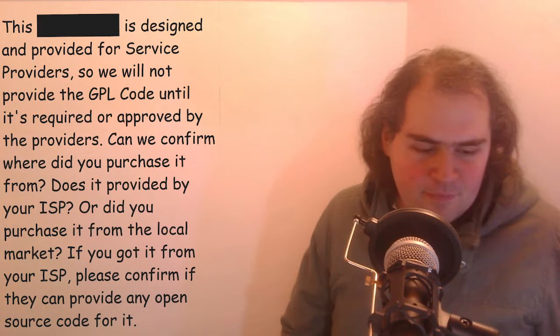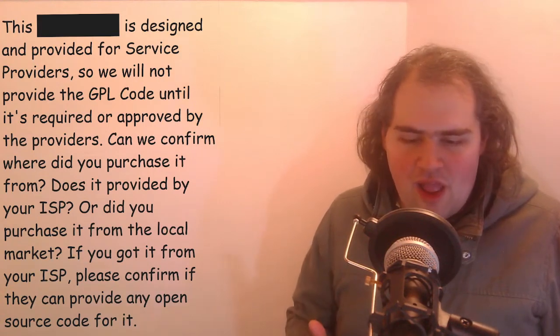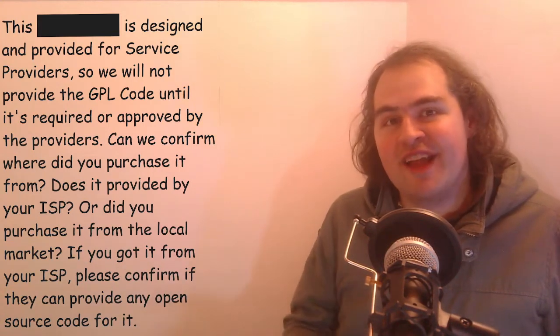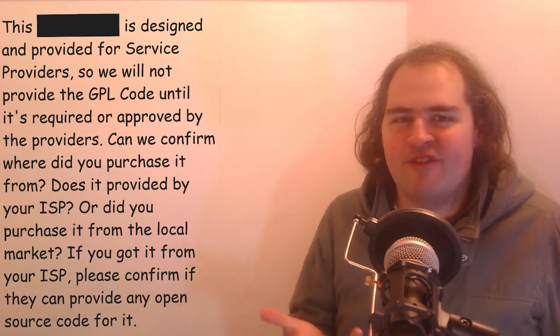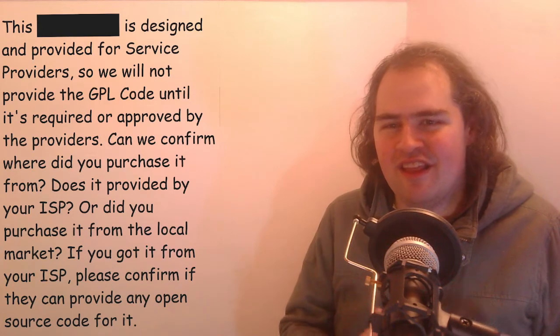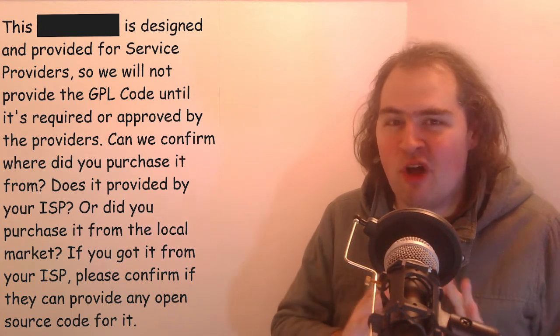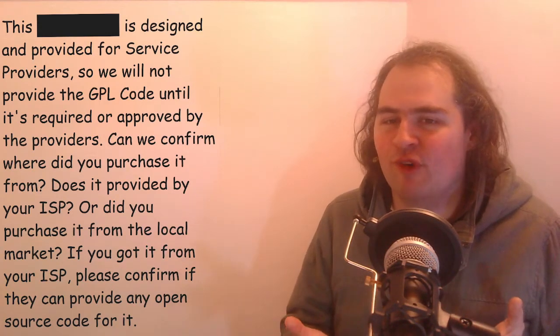So basically, I got my router through my internet provider because the way my internet provider works, I'm locked into using their hardware that they provide, which is locked down by them, otherwise my landline doesn't work.